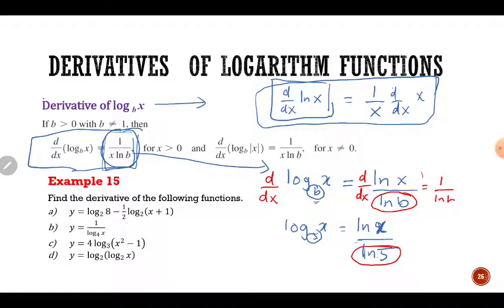Kita tak perlu differentiatekan dia. So 1 over ln b darab dengan d dx of ln x. Kan kita dah belajar sebelum ni, d dx of ln x is 1 over x darab dengan ln b yang sedia ada. D dx of x, differentiate x kan dapat 1. So macam itulah ceritanya kita dapat 1 over x ln b.